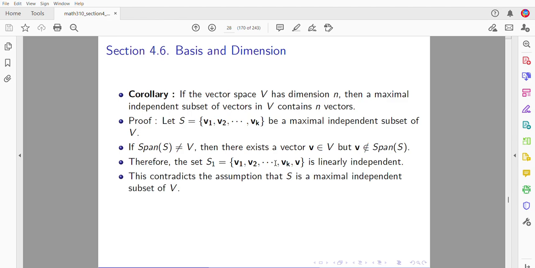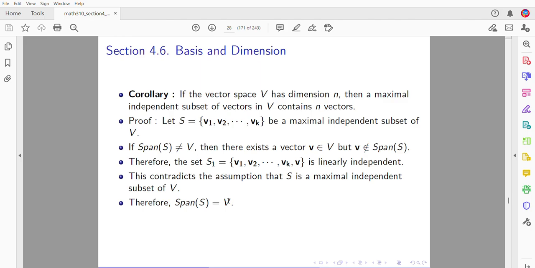This contradicts the assumption that S is a maximal independent subset. You see, S being a maximal independent subset was our assumption. That is, no bigger set can be linearly independent. Therefore, we hit a contradiction, which means the assumption span S not equal to V is false. In other words, span S must be V.